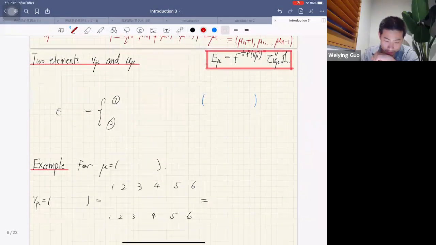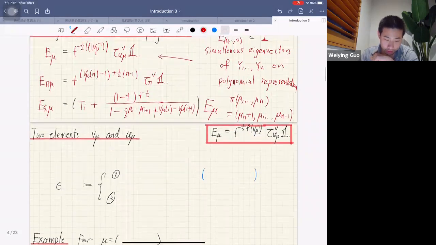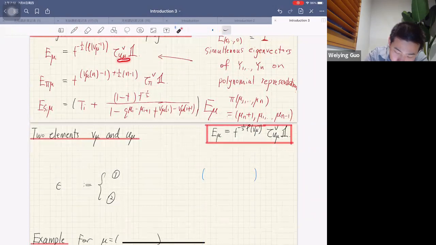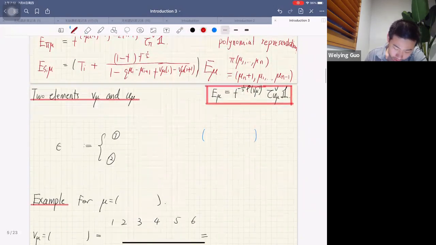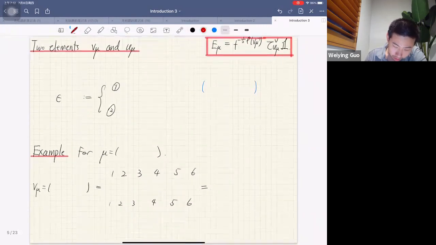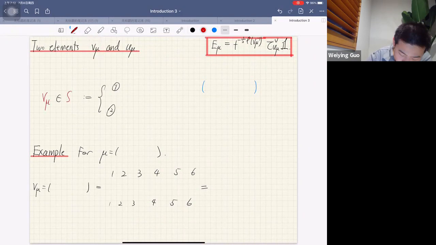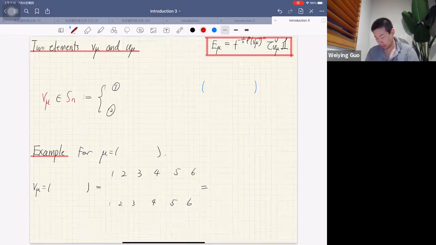Okay, so next we're going to talk about the elements v mu and u mu that appear in our non-symmetric Macdonald polynomials. They are quite important elements in our paper as well. Firstly, this v mu element is inside of our symmetric group Sn, and it satisfies two conditions, which is quite interesting.